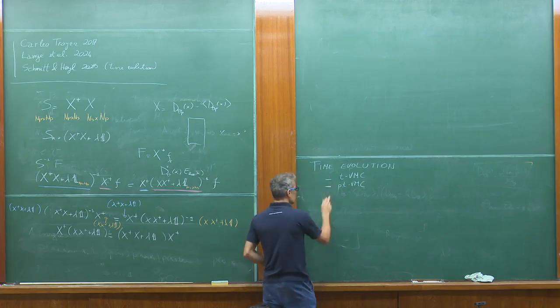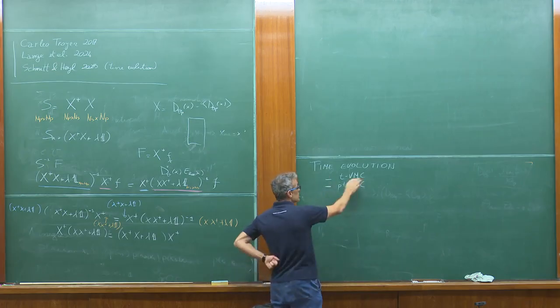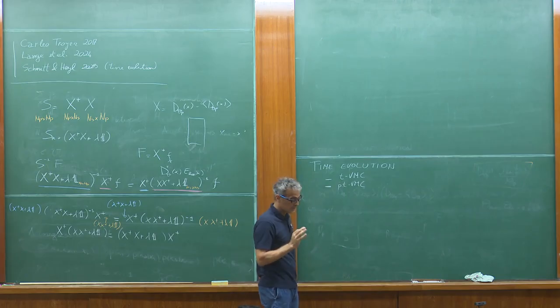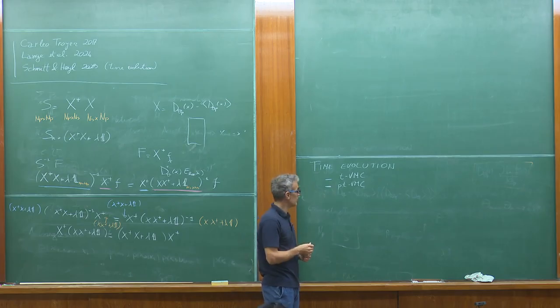So let's start from the first one. The first one, you see it in the first paper by Carleo. And the PRL in 2020 by Schmidt and Heil has a very clear derivation of all the various steps and how they use it.